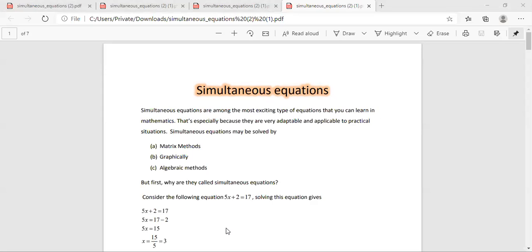So today we'll be doing simultaneous equations. I know most of you already went through or have an idea of how to solve simultaneous equations, all right?